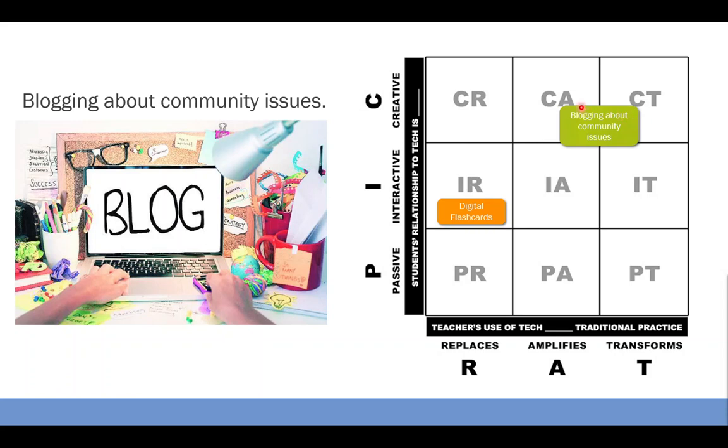I think it's amplifying if they're just writing and just the teacher's reading it, because you think, okay, well, how is that different than just writing an essay? But if it actually becomes something where they're interacting with people outside of the classroom, that's where it really starts transforming learning. They're starting to actually find ways to make a difference in the community.